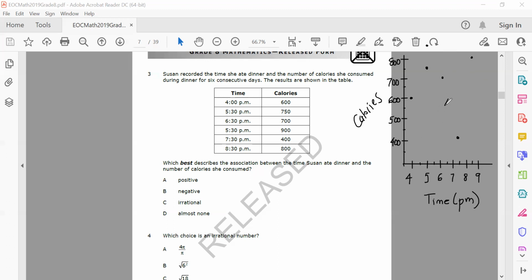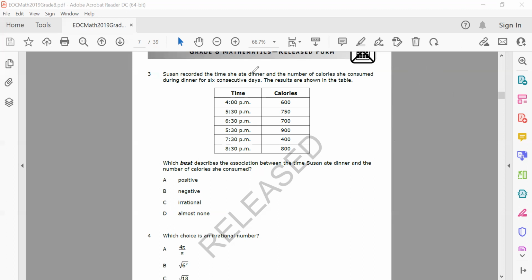If it's decreasing from left to right, that would be a negative relationship. But right here, we don't have any kind of correlation, association, or relationship. So the answer will be D, almost none.